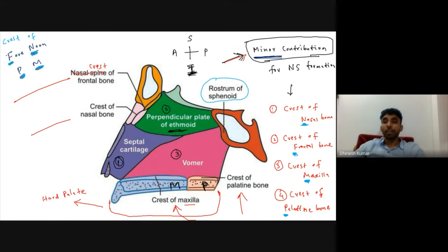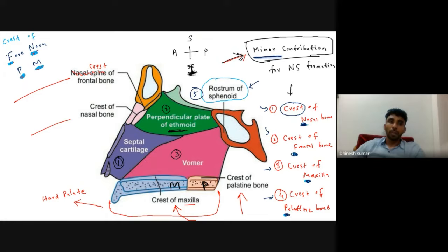The crest means small elevation. So the crest of nasal bone, frontal bone, crest of maxilla, crest of palatine bone, and if you want, you can include one more, the rostrum of sphenoid bone. These are the 4 or 5 minor contributions.